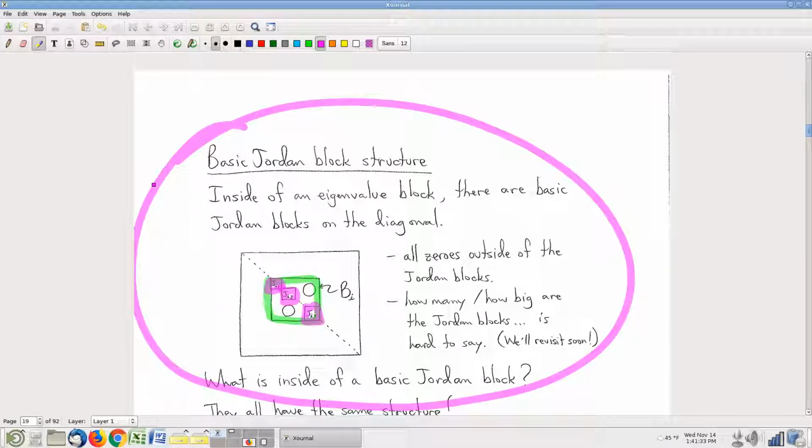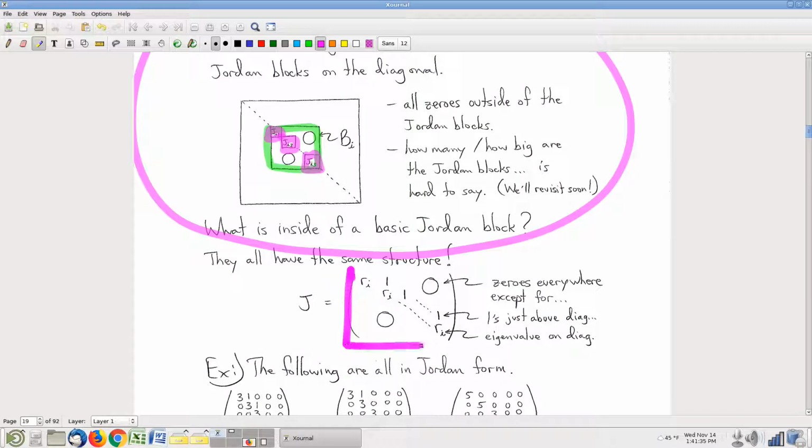Okay, what's inside of a basic Jordan block? As we turn up the magnification, looking at smaller and smaller scale, inside of the basic Jordan blocks it's always the same. You've got the eigenvalue on the diagonal, and then immediately above the diagonal, just ones, and only immediately above the diagonal.